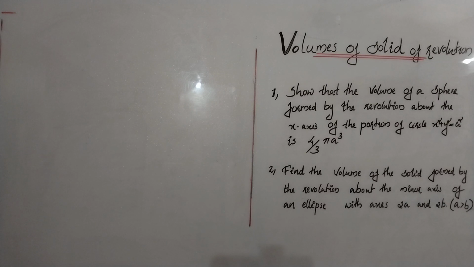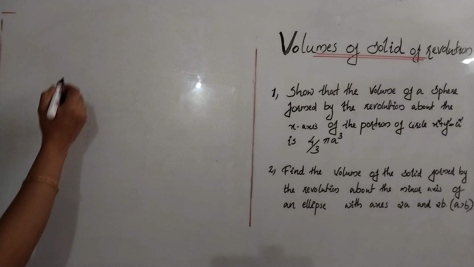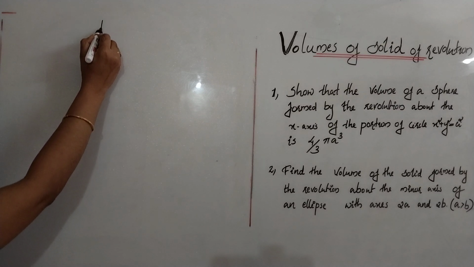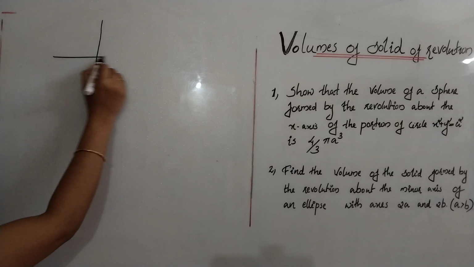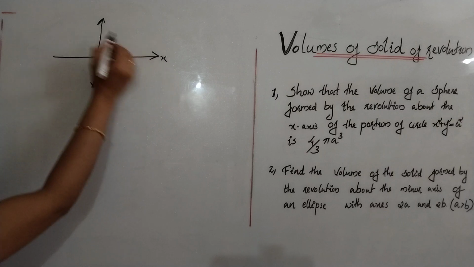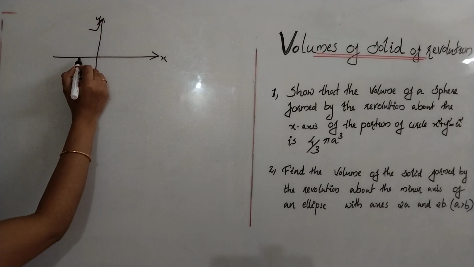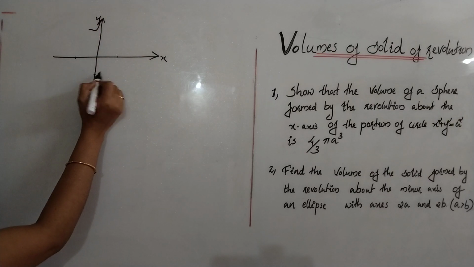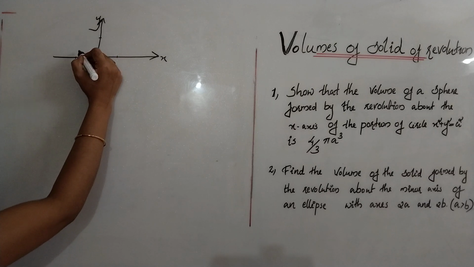Now consider the circle having radius a and center at the origin.